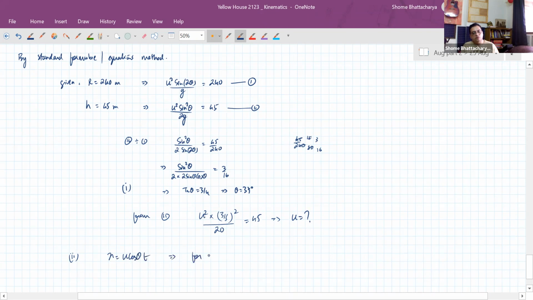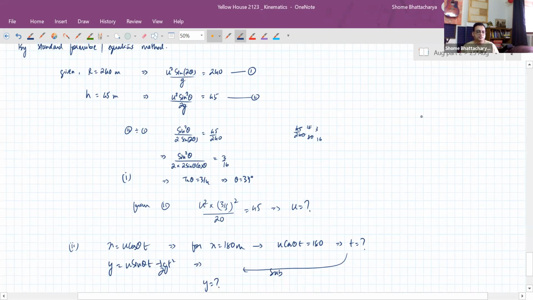So for x equal to 180 meters, we can find the value of time, and then y is equal to u sine theta t minus half gt square. We can substitute this value of time here, and you can find the value of y.